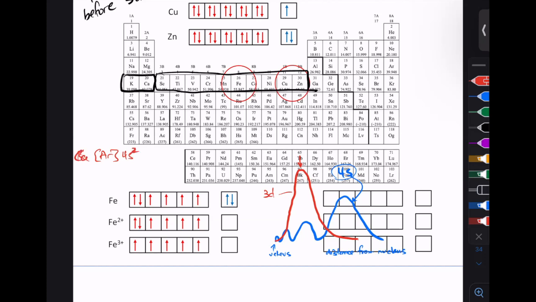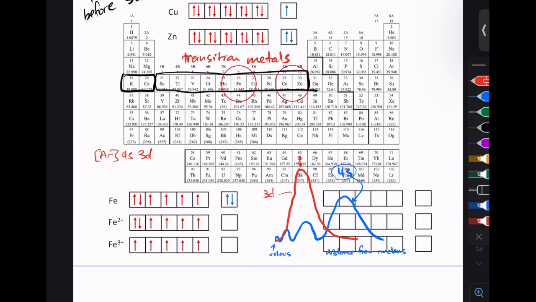And as we keep going and start getting into the transition metals now, we now start placing electrons into the 3d sublevel. So if we have 3d1, we have scandium. If we have 3d2, we have titanium. If we have 3d3, we have vanadium, and so on and so forth.